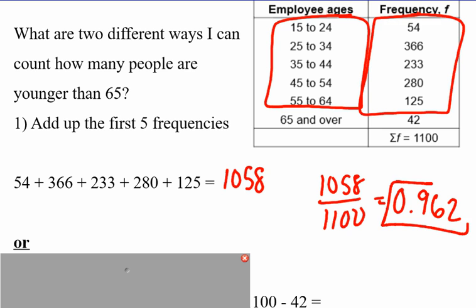So 96.2% of that population that was sampled are going to be younger than 65. That's one way of doing it.